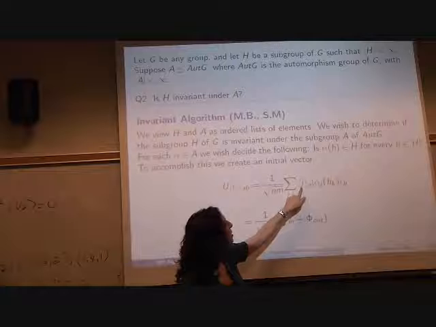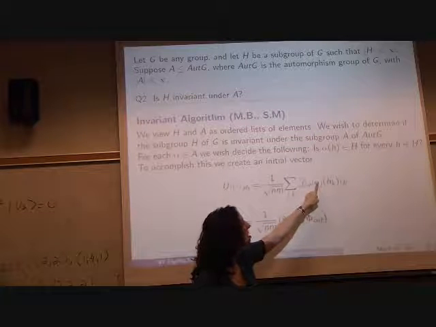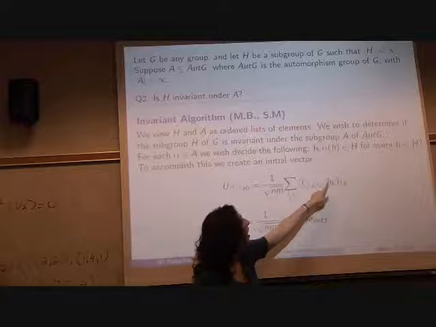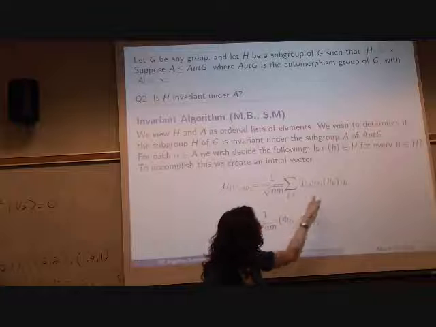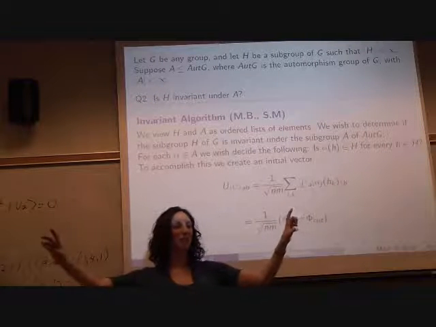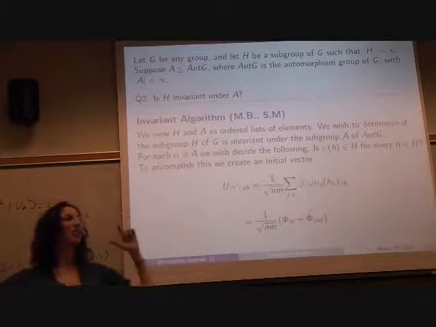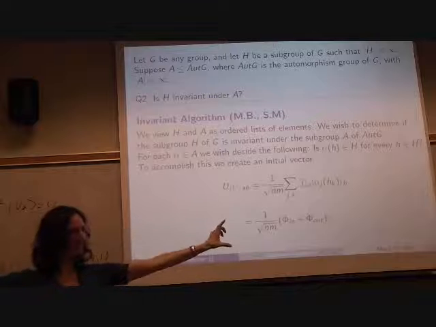So whatever j is, our operator u is going to implement alpha sub j, that particular automorphism, on the group element. And now we run through all the group elements, we run through all the automorphisms, so we have this giant sum that has the group elements and all of their images under all of the automorphisms, giant sum.